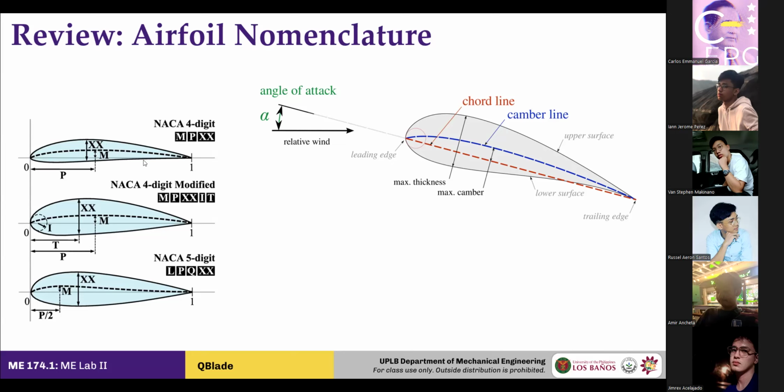Or I'll just get corrected. So, it's either 4 or 0.4. Tapos, yung location nung inyong max camber would be 40%. So, 4415 for 40% of the length from the leading edge. So, 0.4, 40% of the length with respect to the leading edge.